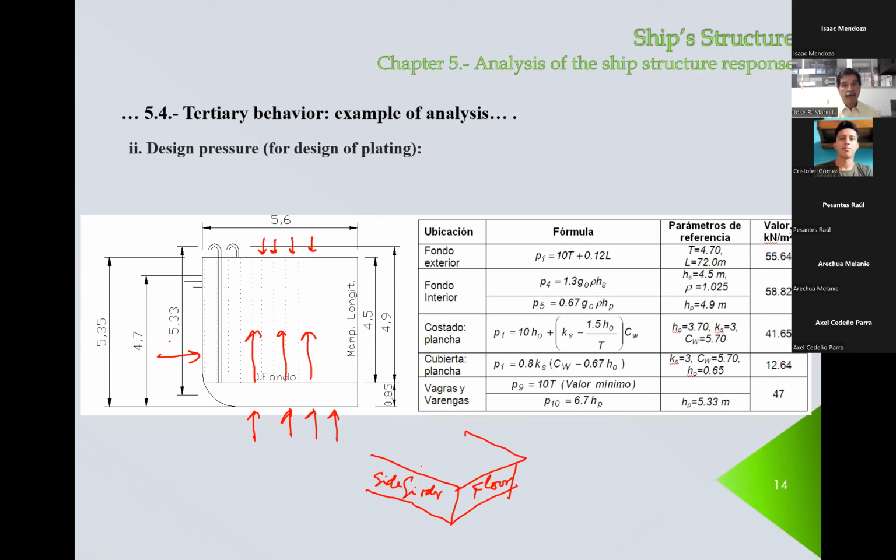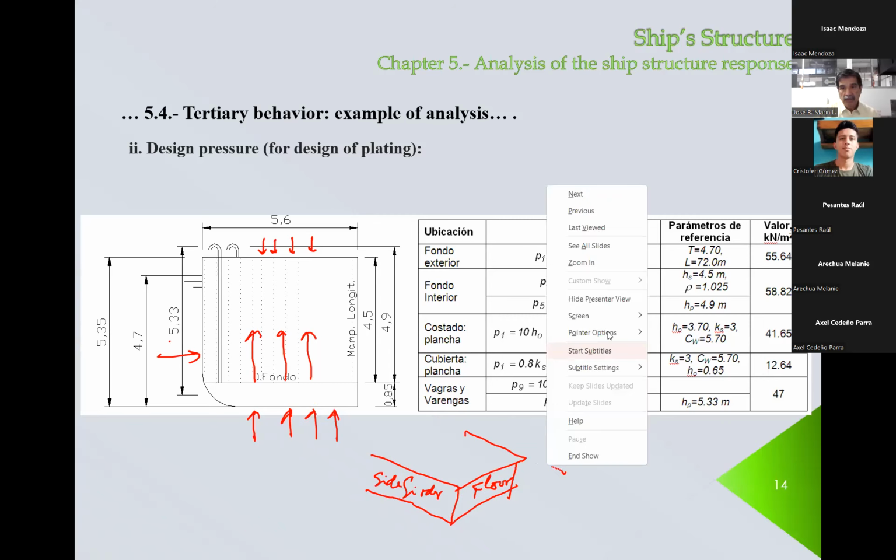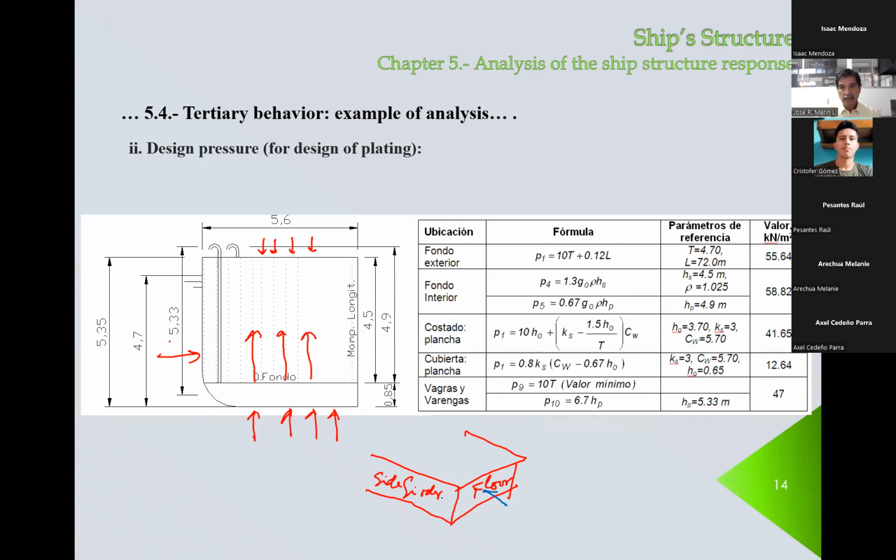This is the plate. Let's suppose that the double bottom is filled with water. In this case, there's going to be some pressure acting on these elements.